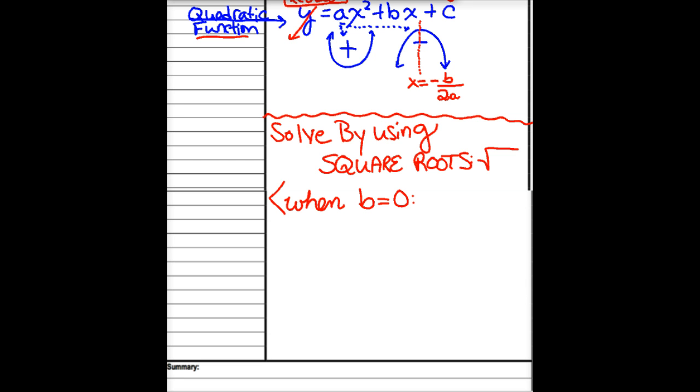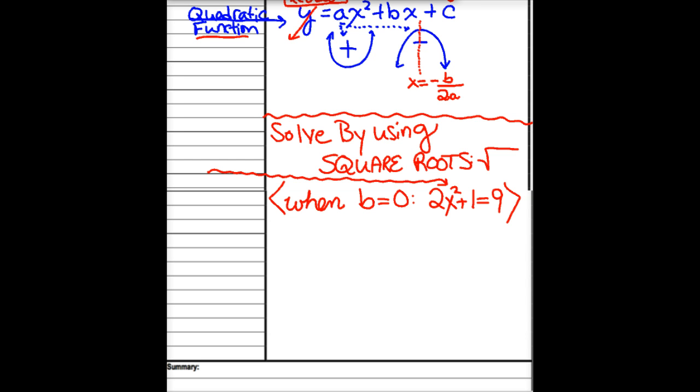So what it looks like is something like this. You end up with maybe 2x squared plus, let's say, 1 is equal to 9. And you'll notice this is called a quadratic equation because it's got that x squared in it.